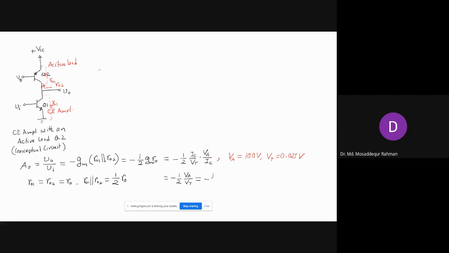We have minus half, VA is 100 volt and VT is 0.025 volt. If we do the calculation here, it will come to about 2000 volt per volt.